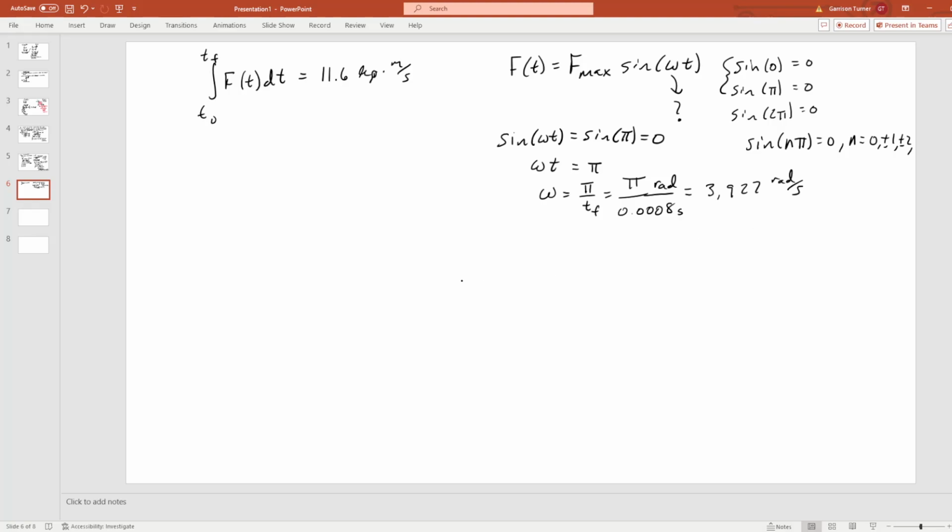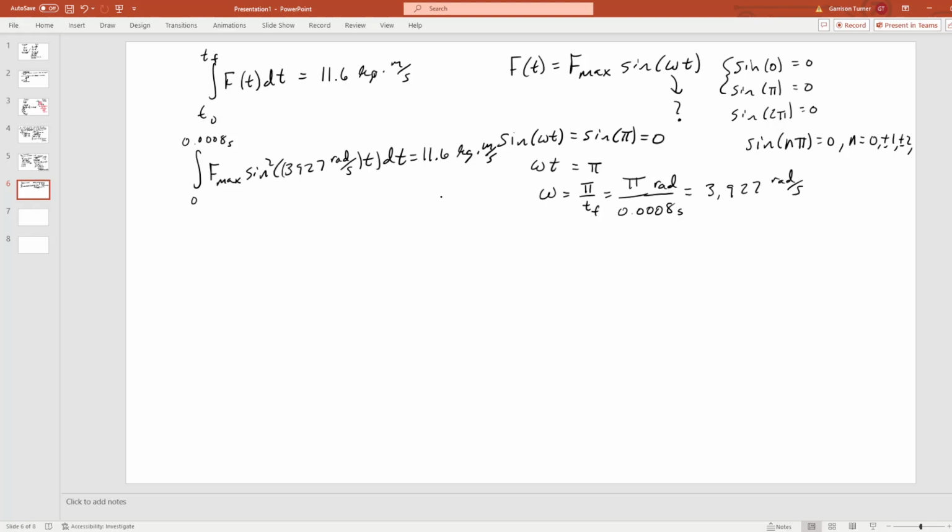So now the function that we have to integrate looks like this. Okay, so this is the full-blown thing.